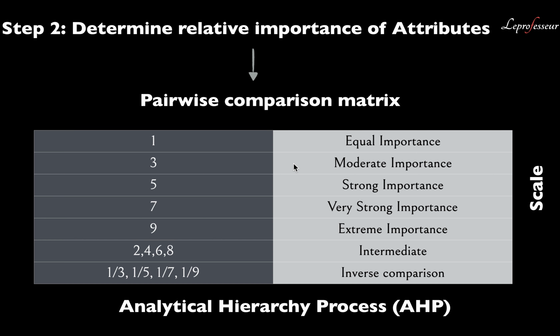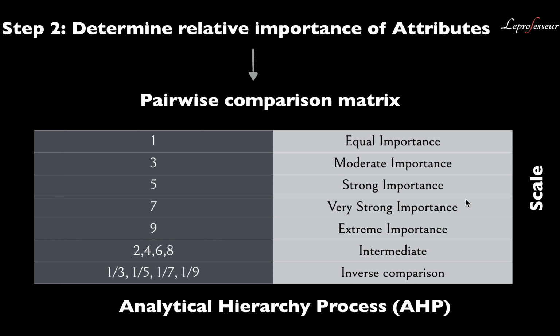So as Professor Saaty said, 1 is equal importance, 3 moderate importance, 5 strong importance, 7 very strong importance, and 9 extremely important. And when I'm fuzzy, to support in-between values, 2, 4, 6, 8. And 1 divided by 3, these are for inverse comparison. Once we establish this from the subjective to numerical values, that will really help to come up with a pairwise comparison matrix of the attributes or criteria.